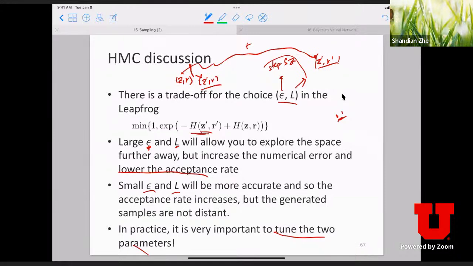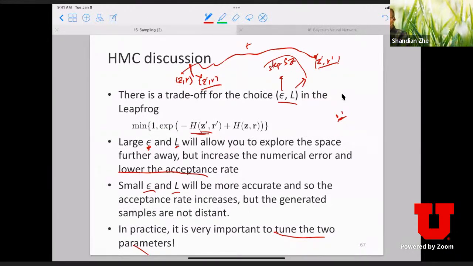Basically, there's a rule of thumb. An acceptance rate that is too high is not good in running HMC. Perhaps in ordinary Metropolis a high rate is a good sign, but for HMC it's not good, because if you just set L to be small and epsilon to be small, it's very easy to get a very high acceptance rate.